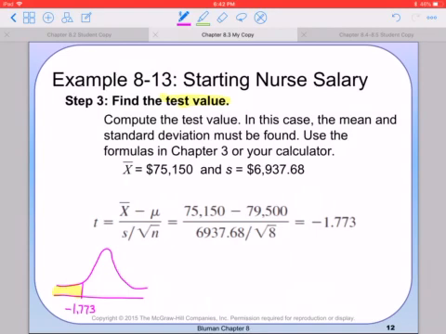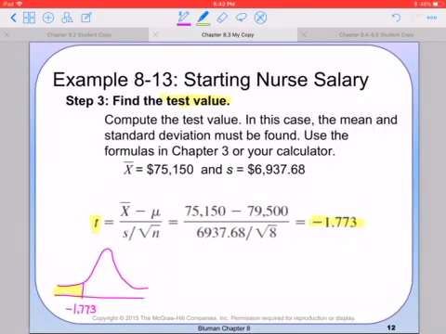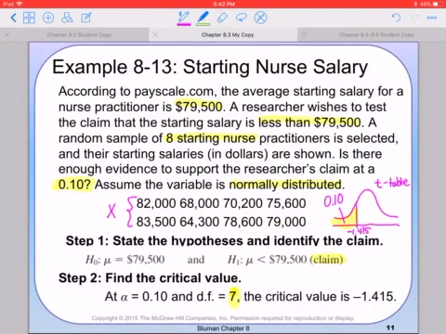Then subtract the mean from the claim, divide by the standard deviation of our sample, and that's why we're doing the t-test, remember, because we don't know the standard deviation for the population, and then divide by the square root of our sample size. When you do that, you get negative 1.773.